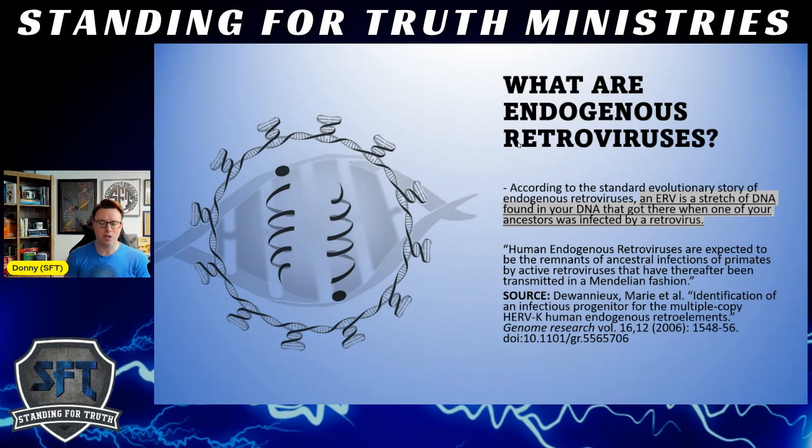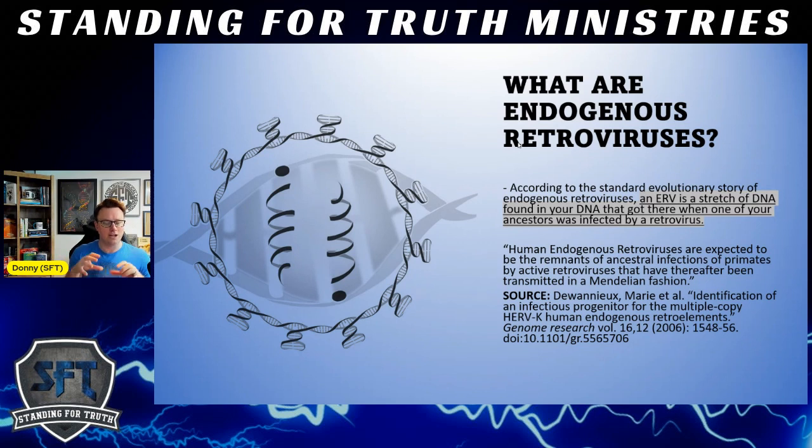Notice this. Human endogenous retroviruses are expected to be the remnants of ancestral infections of primates by active retroviruses, right? So exogenous retrovirus, outside invasion of retroviruses, that have therefore been transmitted in a Mendelian fashion. And so we have somatic cells, we have reproductive cells or germ cells.